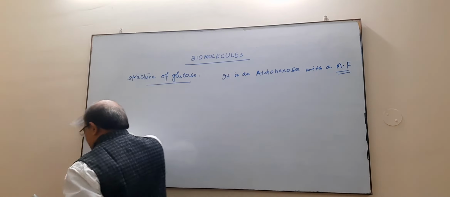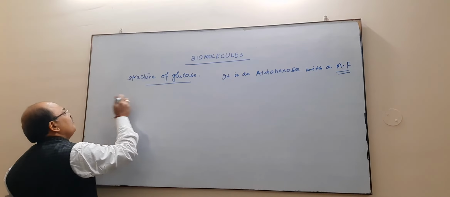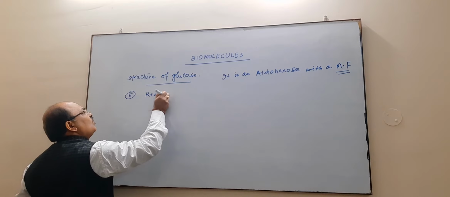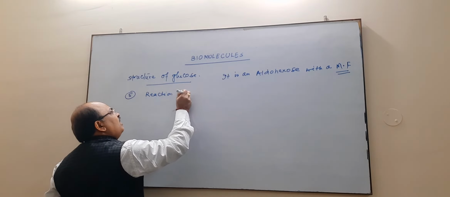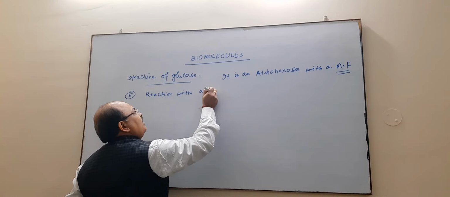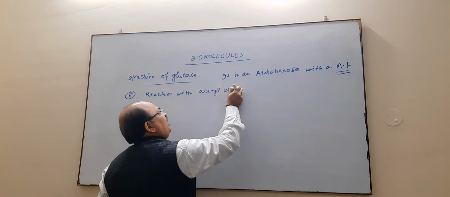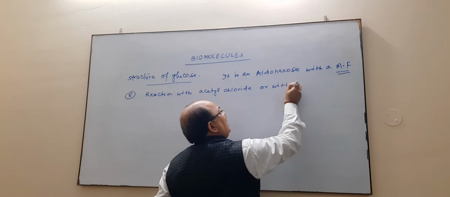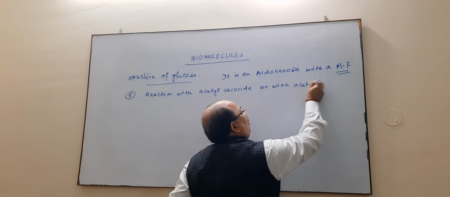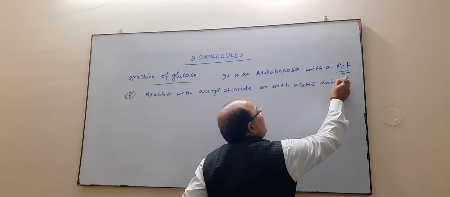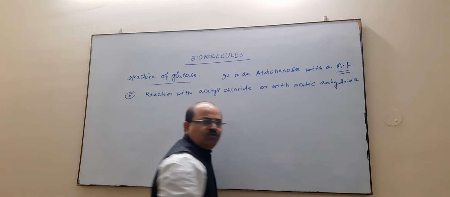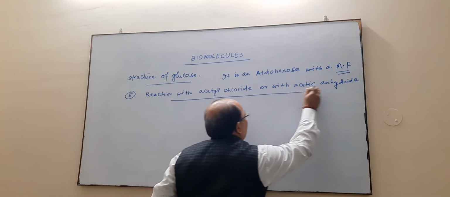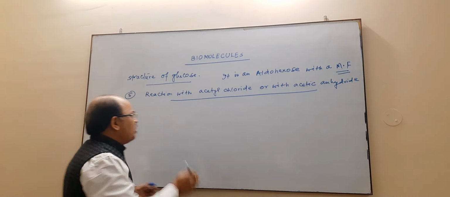So the next reaction, that is reaction number 5, reaction with acetyl chloride or with acetic anhydride, which is also known as acylation.